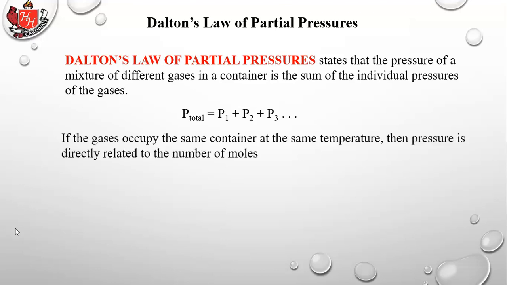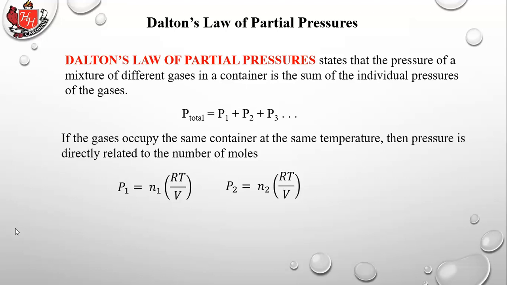So if the gases occupy the same container at the same temperature, then the pressure is directly related to the number of moles. So there you have pressure of gas number 1 is equal to the number of moles of number 1 times the things in the parentheses all stay constant. The gas constant, the temperature, and the volume. Those are all going to be constants for all the gases involved here.